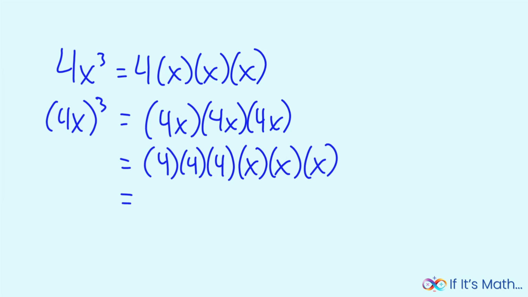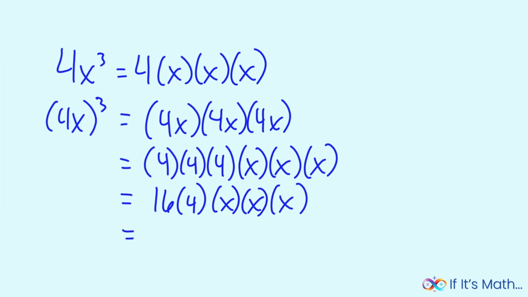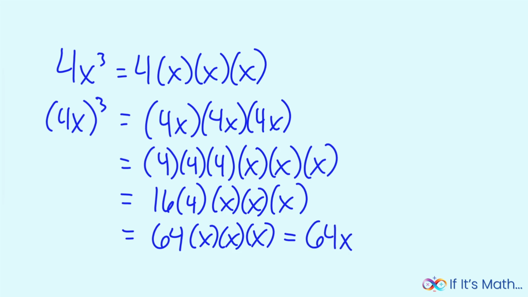So this would give you 4 times 4 times 4, x, x, x. And 4 times 4 times 4 is going to give you 64 times x times x times x, which, if you wanted to put it back in exponent form, is 64x to the third. So you see what a big difference that makes.